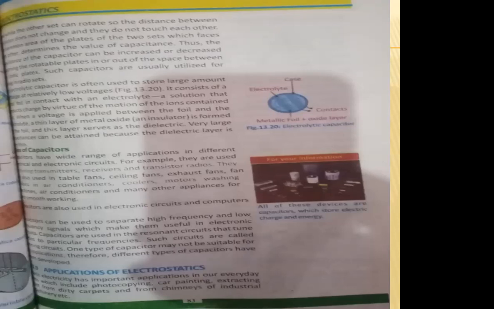It consists of a metal foil in contact with the electrolyte, a solution that conducts charge by virtue of the motion of ions contained in it. When a voltage is applied between the foil and the electrolyte, a thin layer of metal oxide insulator is formed on the foil, and this layer serves as a dielectric. So very large capacitance can be attained because the dielectric layer is very thin.